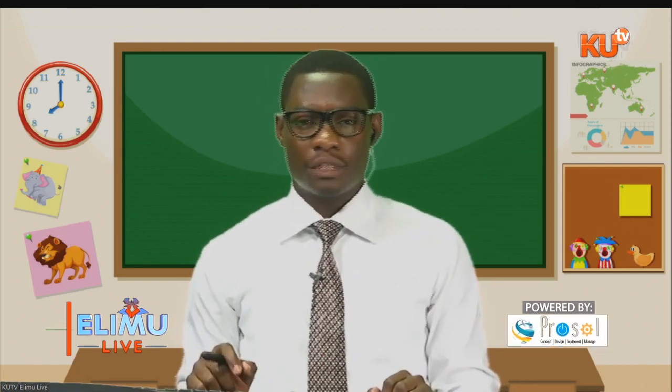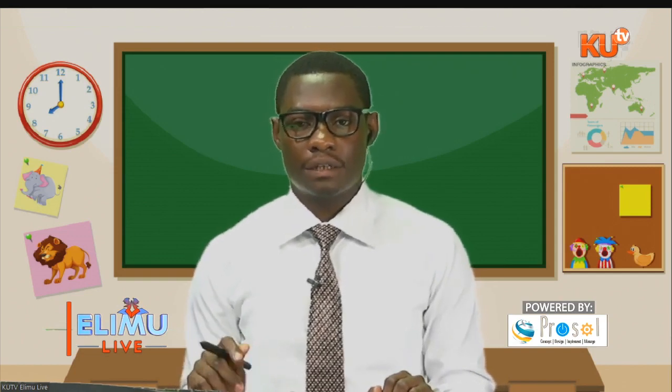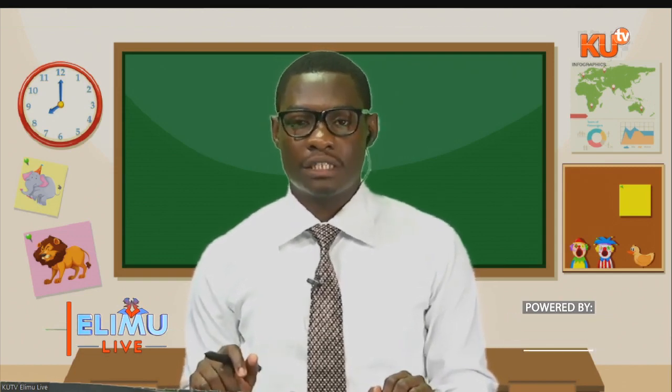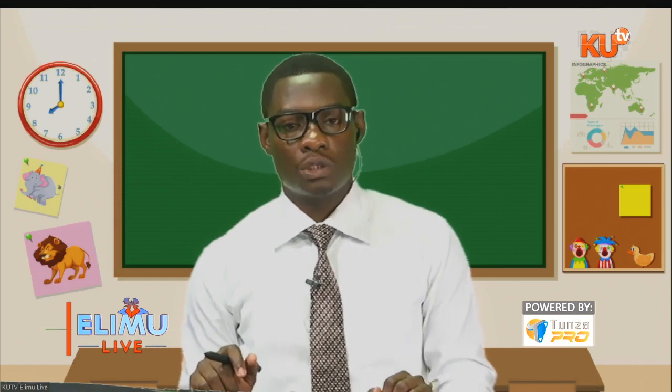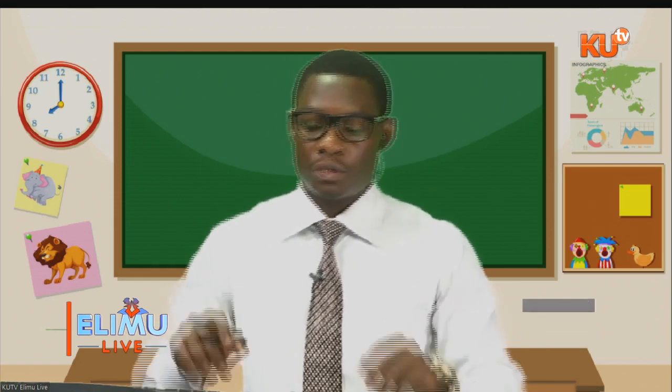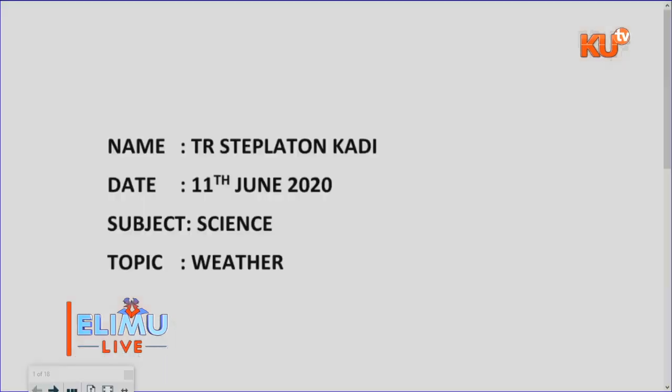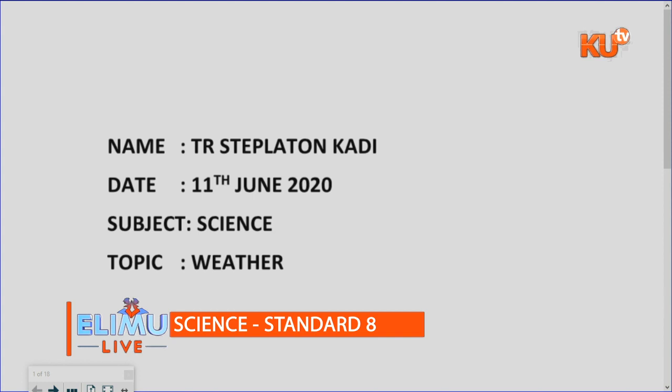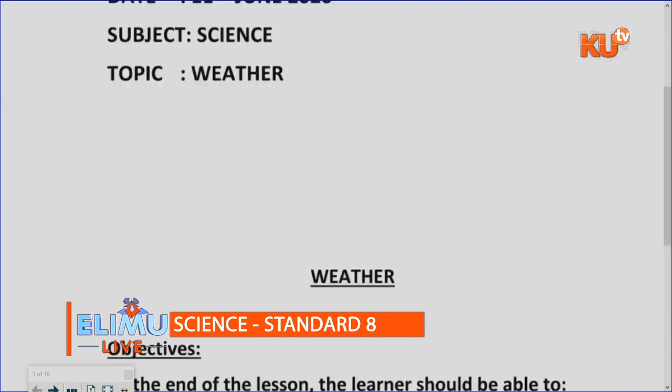As we look at the topic weather, we first start by looking at the objectives of the lesson. What do we intend to achieve by the end of this lesson? My name is Teacher Stapleton, as you can see. We are talking about science and our topic is weather.